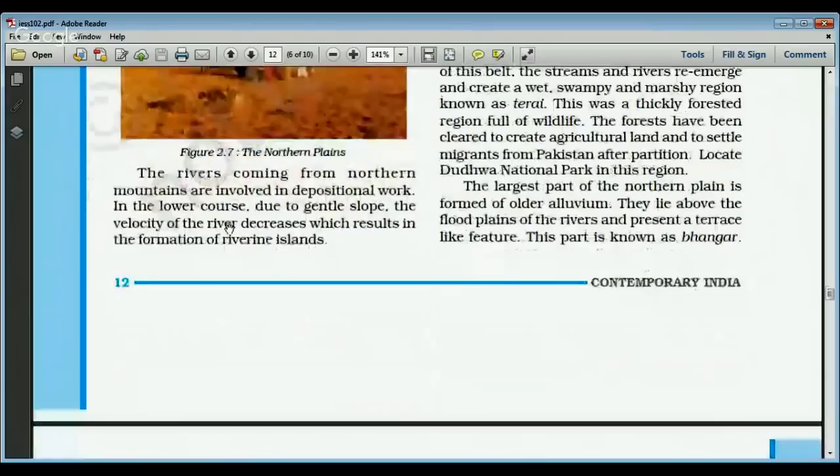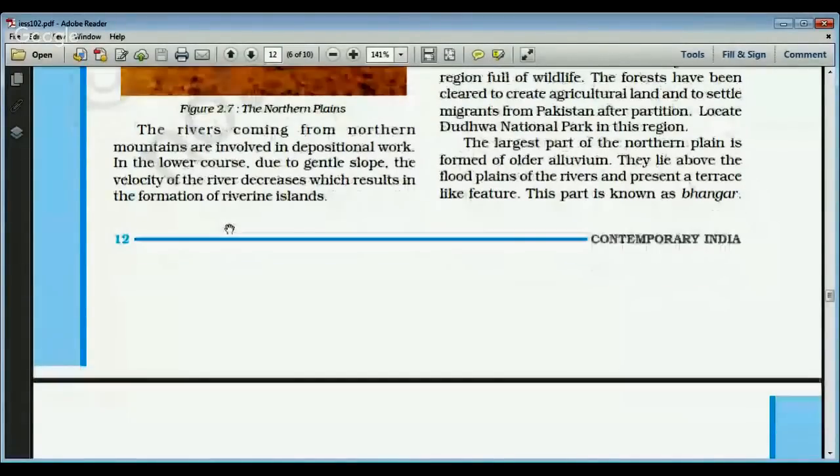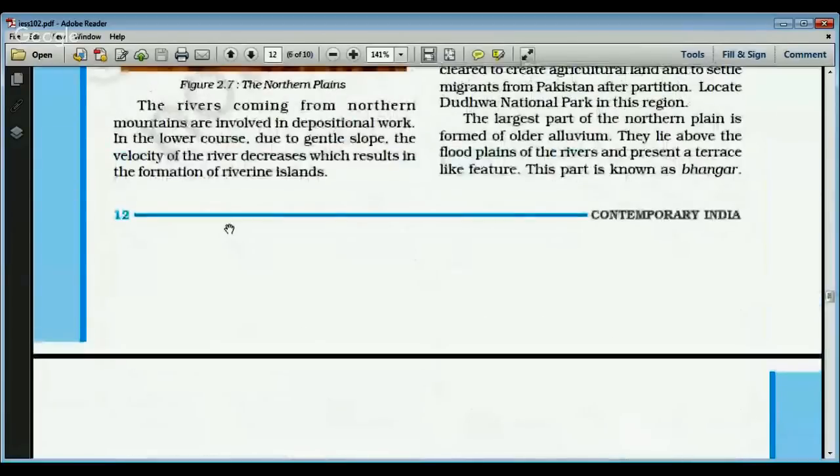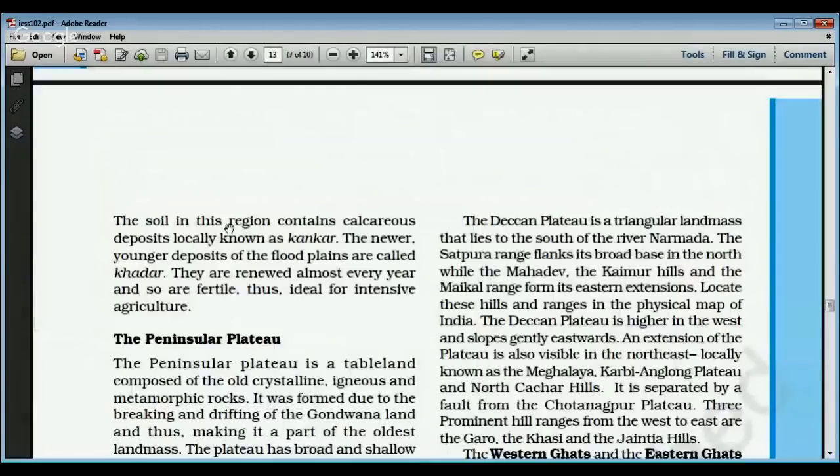And the largest part of the northern plain is actually formed of older alluvium. They lie above the floodplains of the rivers, and they present a terrace-like feature. This part is known as Bhangar. The Bhangar is made up of older alluvium, and it is not very fertile.